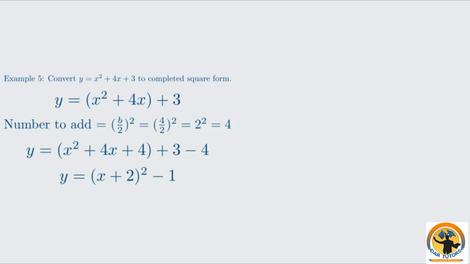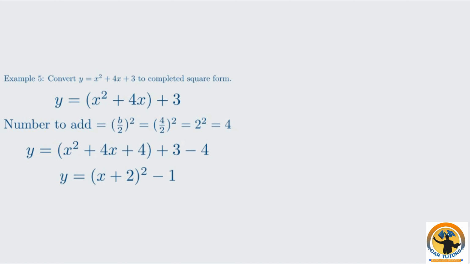So we get y equals x squared plus 4x plus 4 plus 3 minus 4. The terms x squared plus 4x plus 4 form our perfect square, which factors as the quantity x plus 2 squared, and 3 minus 4 is -1. So the completed square form is y equals the quantity x plus 2 squared minus 1.